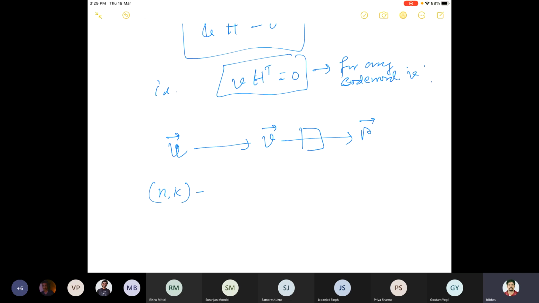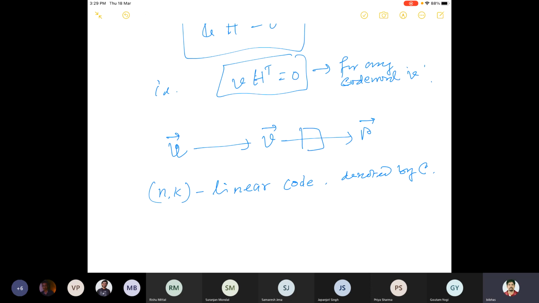So we say this is an (n,k) linear code, denoted by some C. This C is also that subspace. So R is the received vector, and this is the output of the channel.